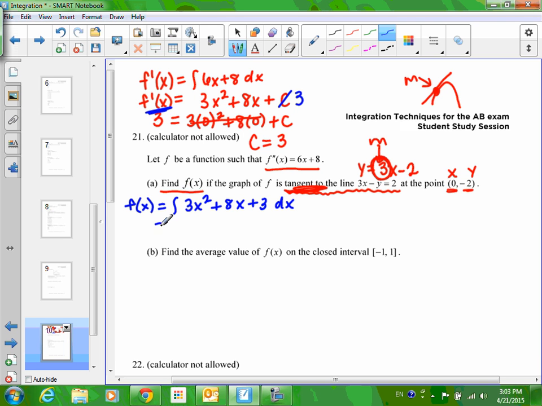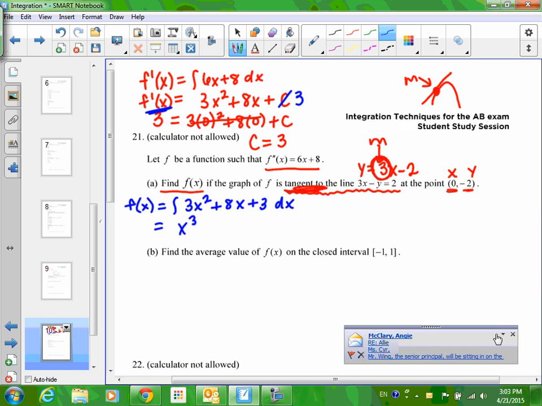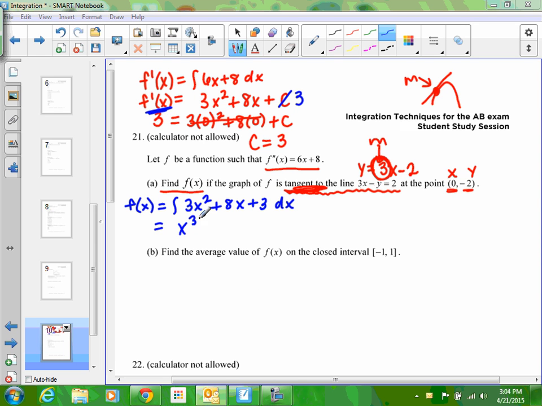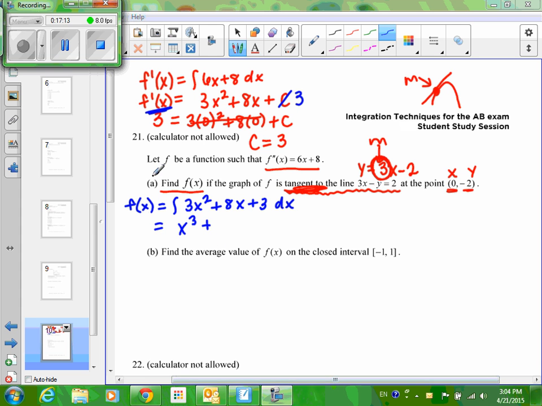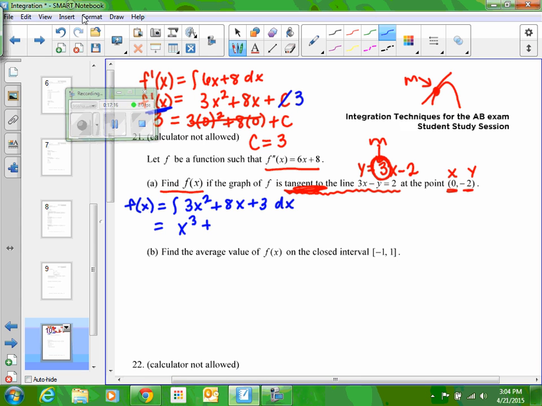Okay, and these things really aren't too bad to integrate, which is nice. So what's the antiderivative or integral of 3x squared? X cubed. If you wrote a 3 times a 1/3 here, that's fine. All right, plus 4x squared plus what?